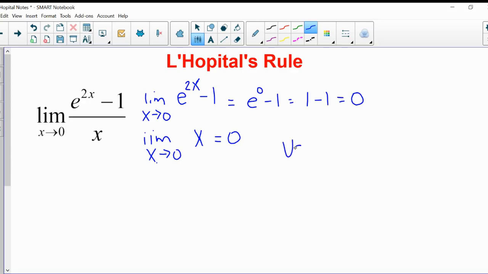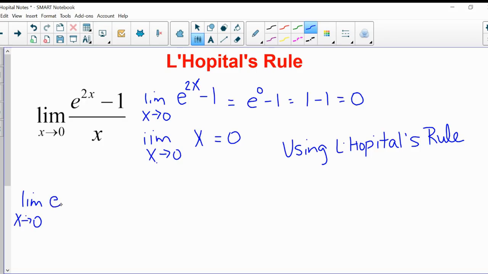So we will say, using L'Hopital's rule, so I'll state my original limit and set that equal to the limit of the derivative of numerator and denominator.